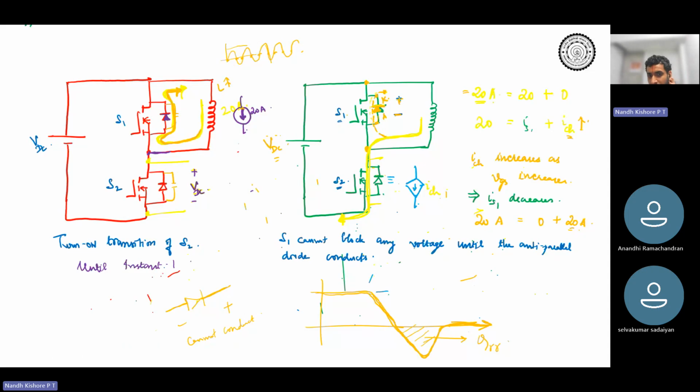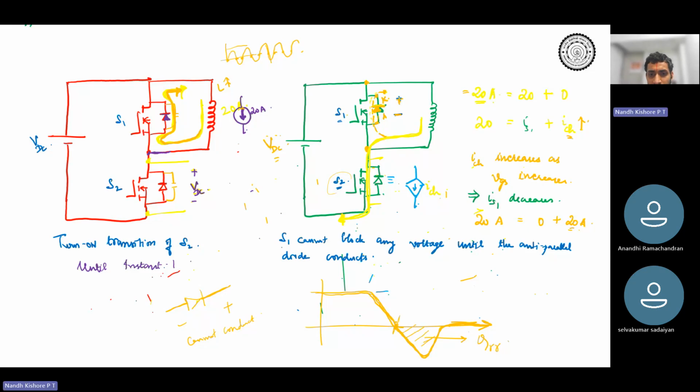That is why, until the diode carries some current, the voltage across S1 cannot be positive. So the entire voltage will be blocked only by S2.